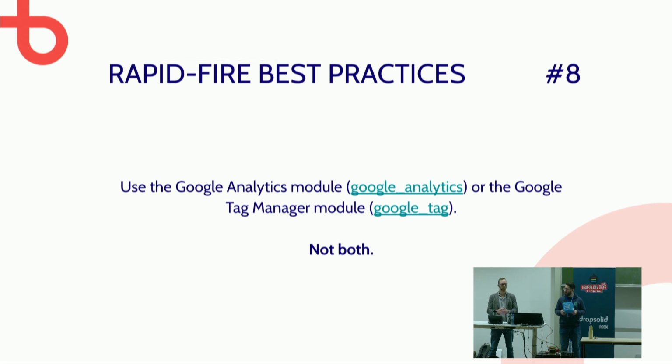But we've seen in the past that this often leads to issues: somebody also integrated Google Analytics in Google Tag Manager, and suddenly you have two tools tracking Google Analytics, and you have double the amount of page views, and then you come back to the graph I showed earlier of the amount of page views suddenly doubling just because of a configuration issue. So as a best practice, use GTM or use the Google Analytics module, but not both at the same time.